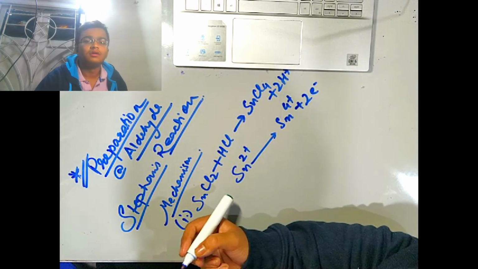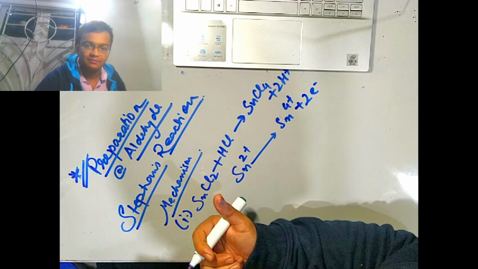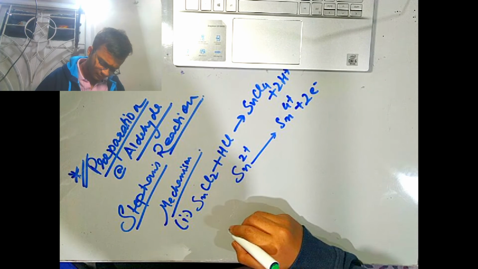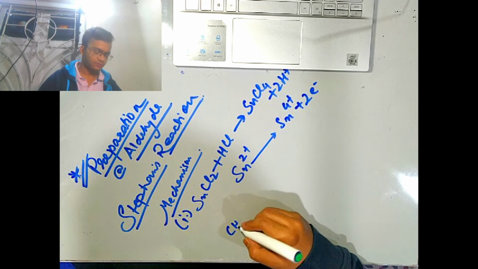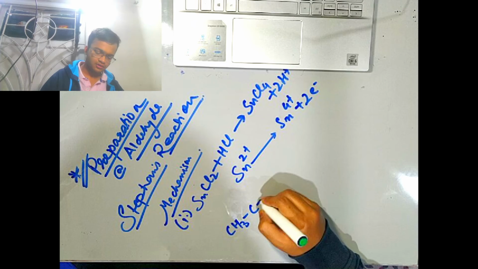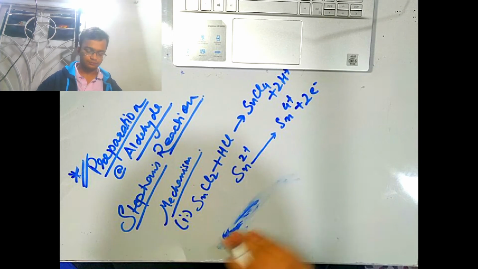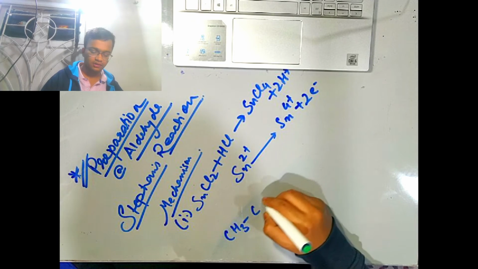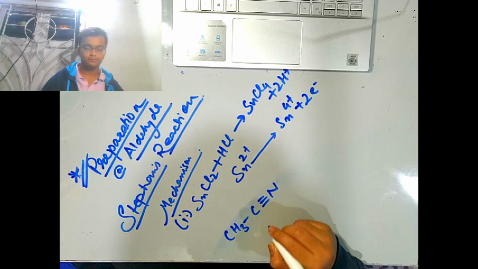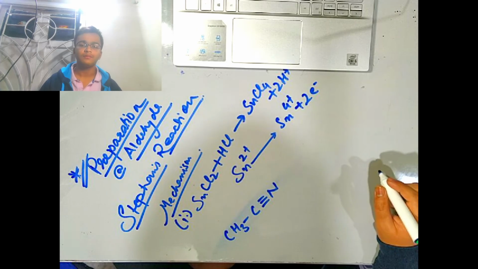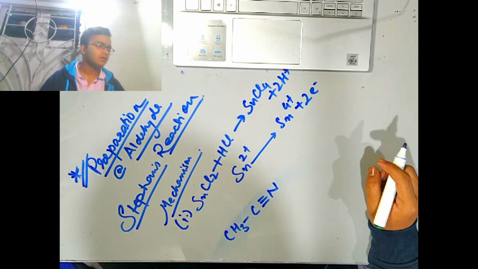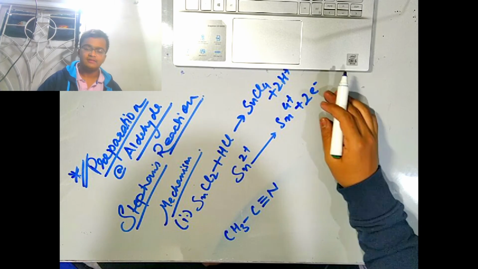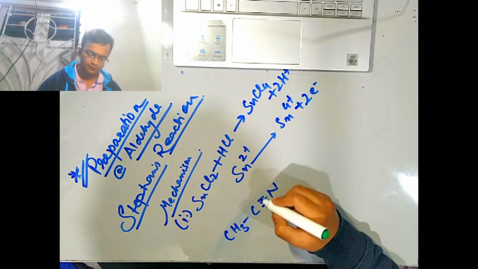Now I will take my nitrile part, the alkyl nitrile part. Let me take ethyl nitrile, CH3C triple bonded N. This is my ethyl nitrile. This ethyl nitrile will react with these 2 electrons.